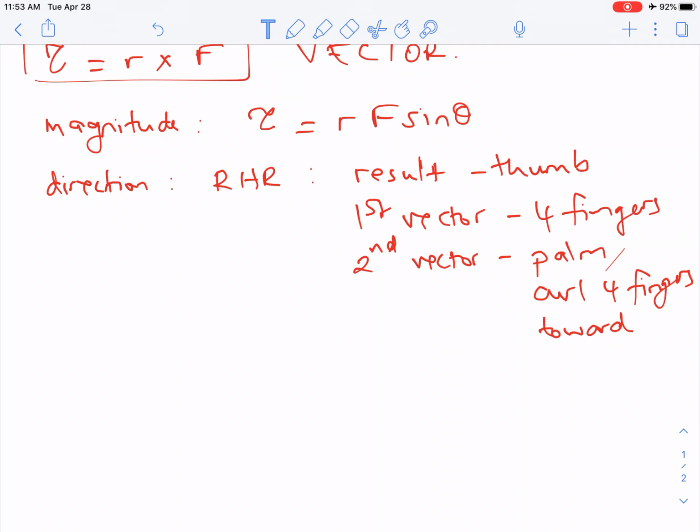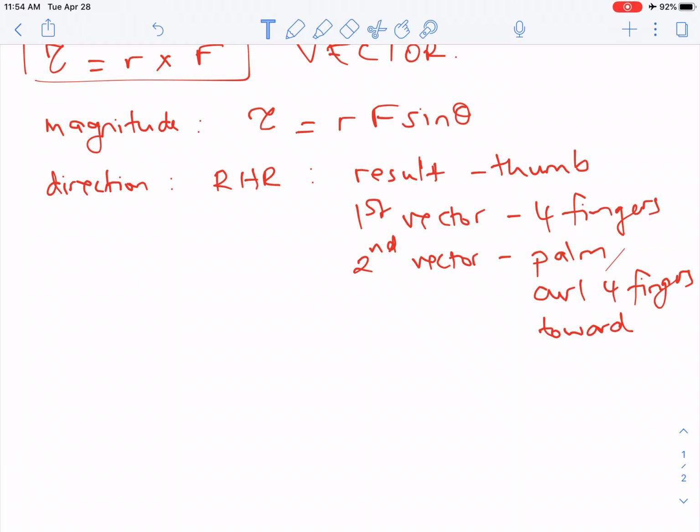Then the stretched out thumb, at 90 degrees from the forefingers, is going to point along the torque direction. You can also define it as clockwise or counterclockwise, and it's the same thing as finding the direction of the thumb. There's a relation between them.